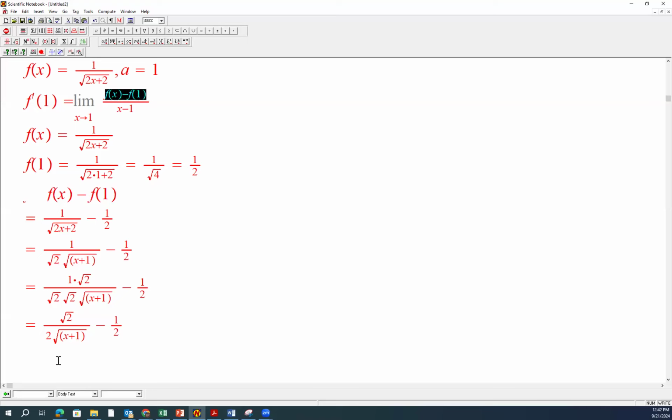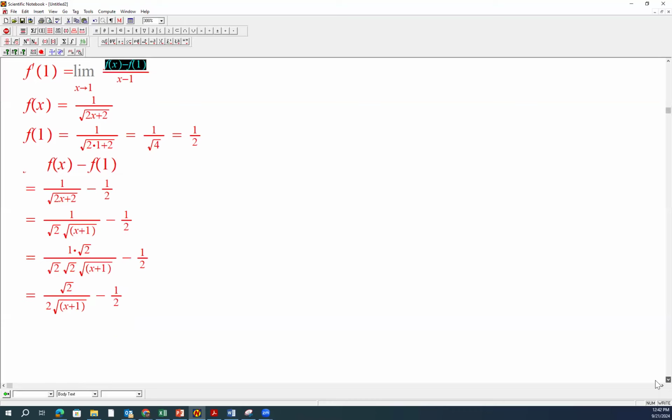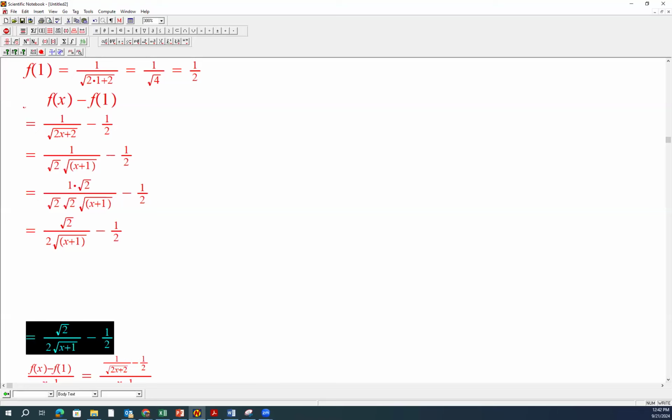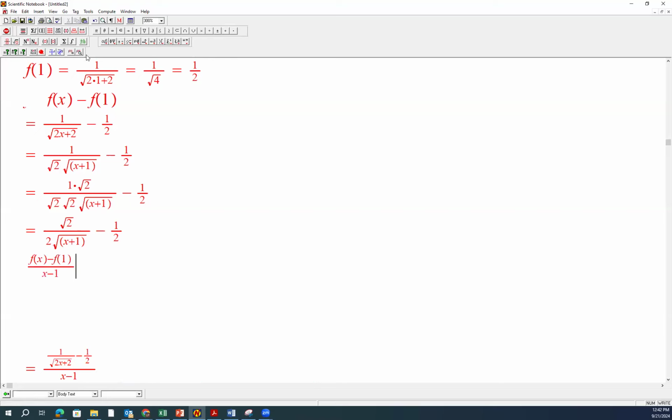And next, you know what? We just continue to divide by the denominator. Okay, so our next step is going to be numerator divided by the denominator.